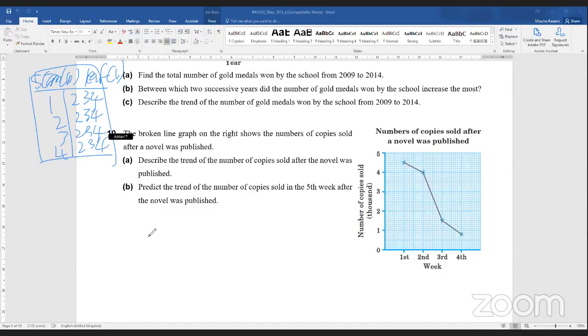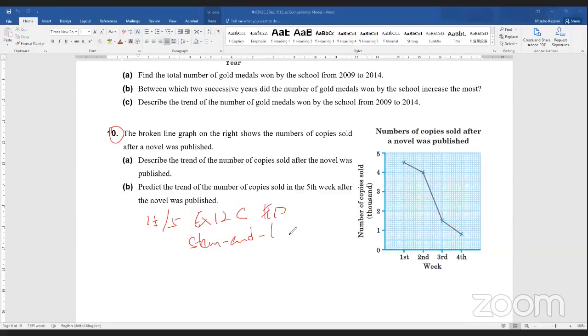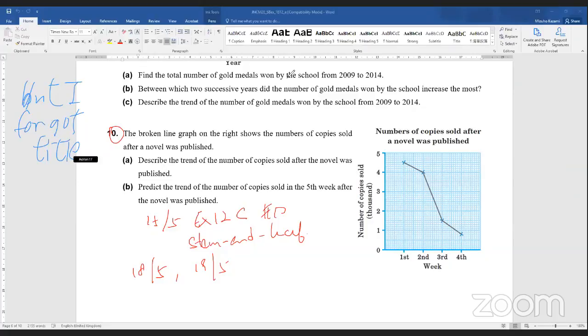And therefore, tomorrow I will talk about exercise 12C, number 10. This one, more or less like that. And then also the stem and leaf diagram. And then next week, 18, 19, you can mark down the important date.